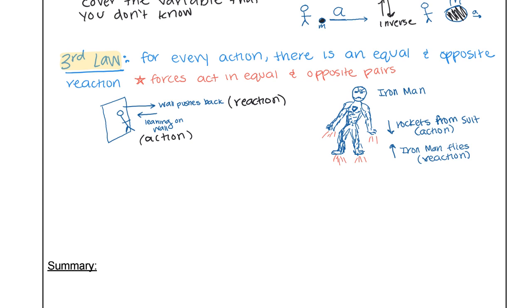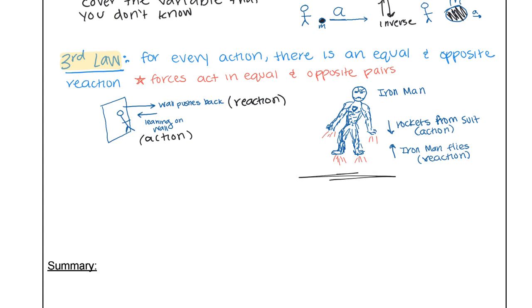We also see this in some of my favorite movies. I love Marvel movies, so I figured I'd use this example, right? Any rocket uses Newton's third law of motion as its fundamental principle to help it fly. So think of Iron Man. His action is shooting from the rockets in his suit downward on the ground, right? So all this air is hitting the ground right here.